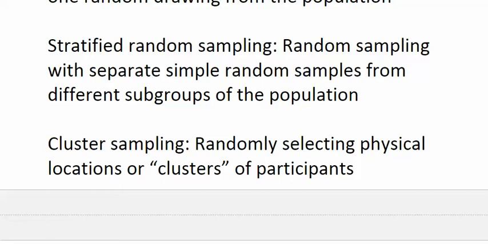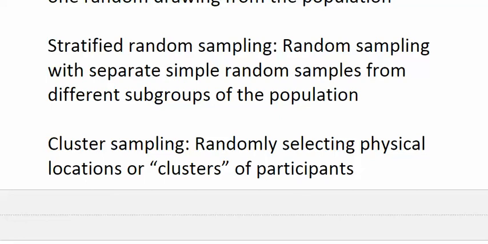So if the 3 selected counties are Alameda, Contra Costa, and Santa Clara, like I said, the researcher could go one step further and take a simple random sample of Santa Clara, a simple random sample of Alameda, and a simple random sample of Contra Costa. So that would actually be cluster sampling followed by a simple random sample of each selected cluster.